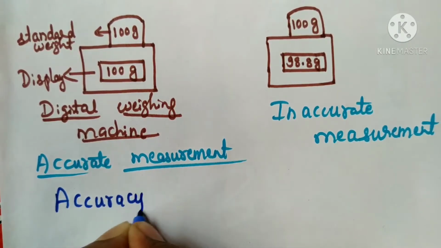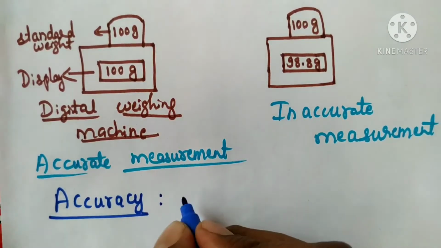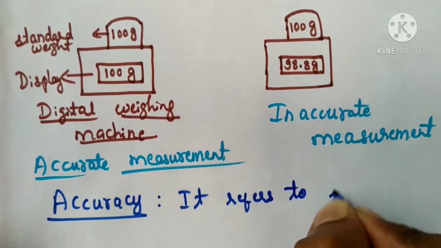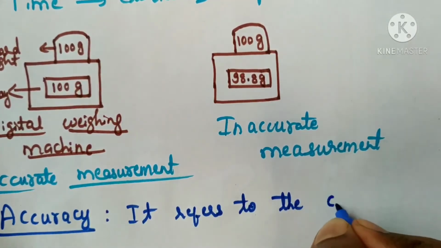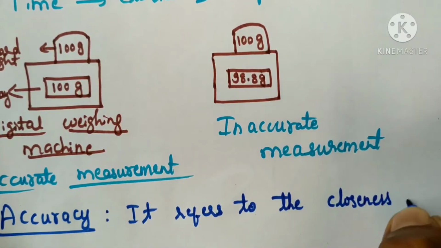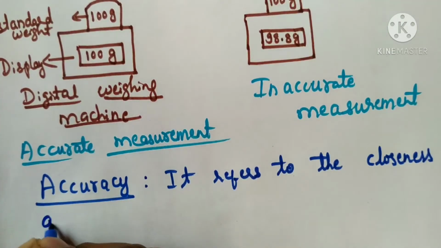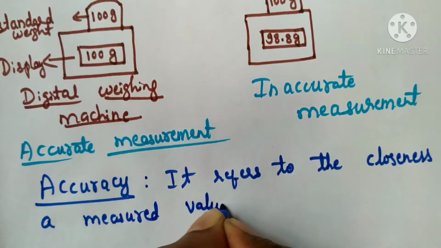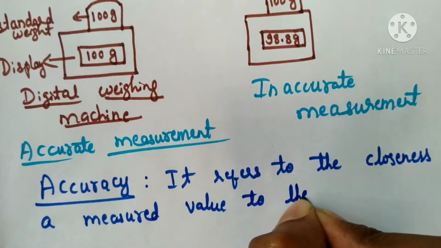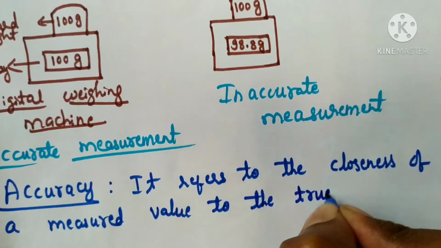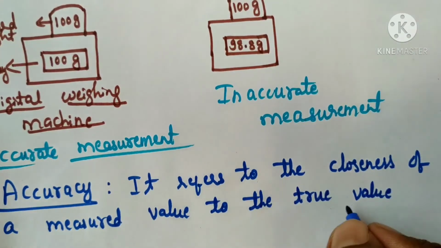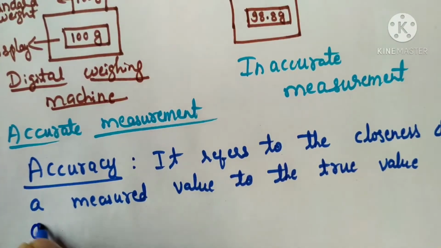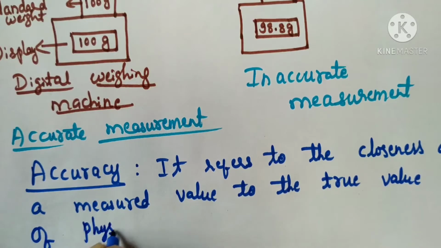So accuracy definition, it refers to the closeness of a measured value to the true value, or we can call that one as a standard value, true value of a physical quantity.